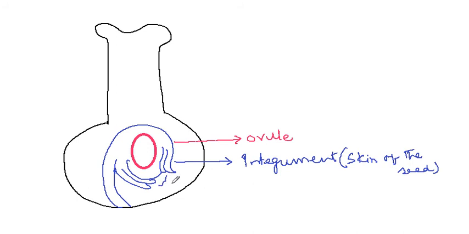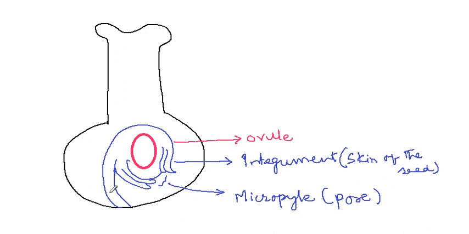So that particular site where the integument is not complete, that is known as micropyle. So we can say that in a way micropyle is like the pore. So this pore in future would help in the entry of the pollen tube. It would also in future be responsible for the exchange of gases from that particular site.